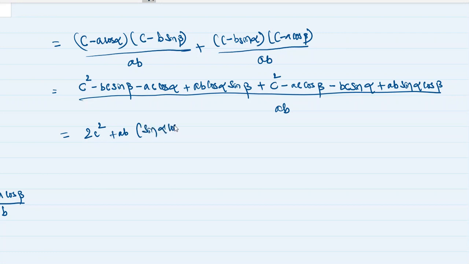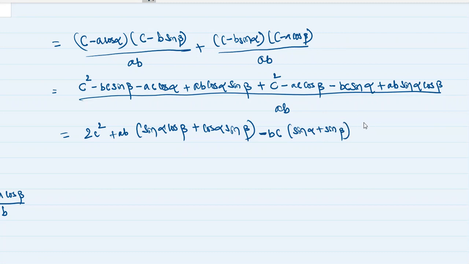So we have 2c square plus ab bracket sine alpha cos beta plus cos alpha sine beta, right? Then we have the other terms: I'll take minus bc out common, and we have sine alpha plus sine beta.